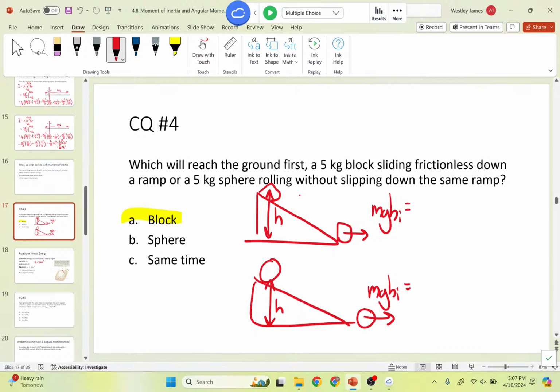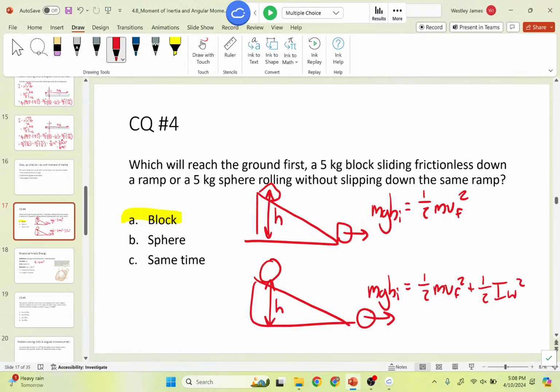And the question is, what energies do they end with? The block ends with only kinetic energy. The sphere ends with kinetic energy and rotational energy.